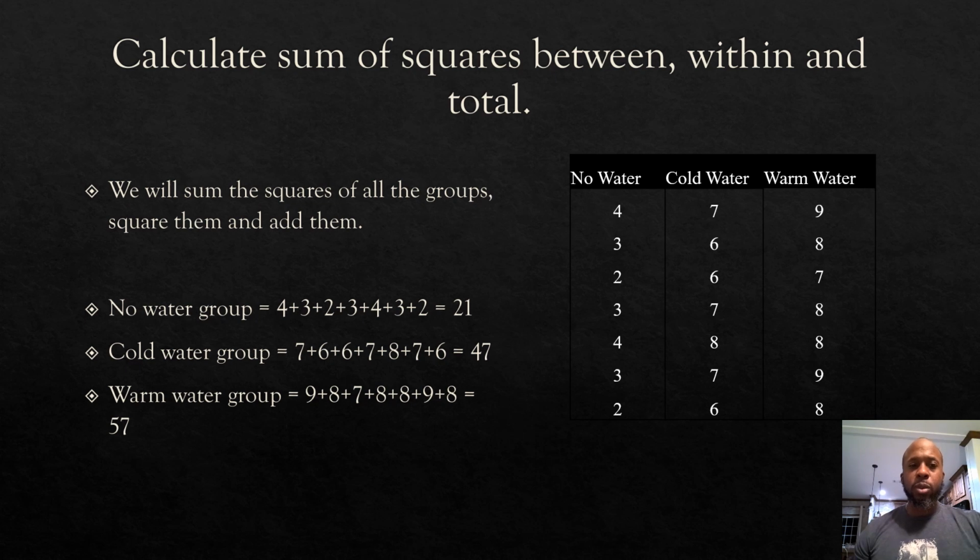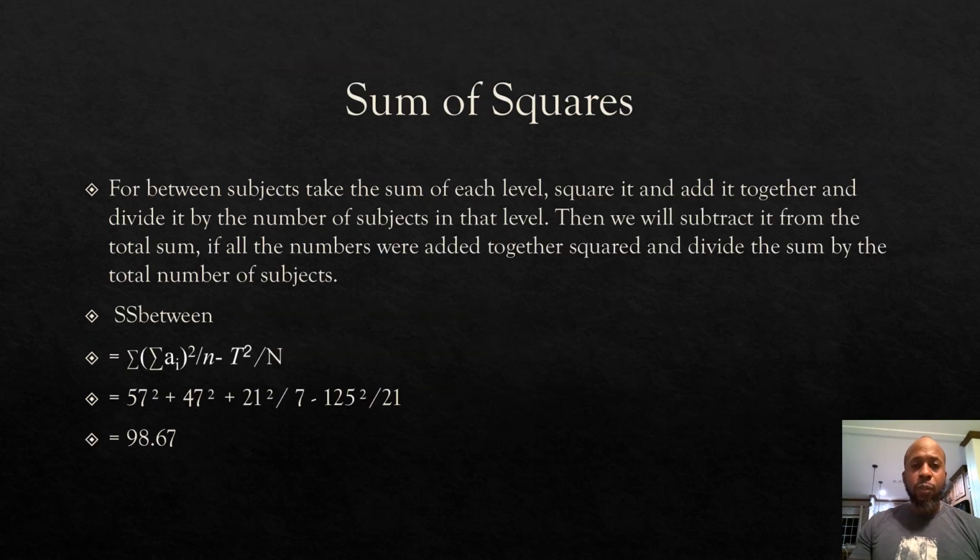So what we're going to do to calculate the sum of squares is we're going to sum the squares of all the groups, we're going to square them and add them together. So for the first calculation of the sum of squares, we're going to calculate the sum of squares for between subjects. And we're going to take the sum of each level, square it and add it together and divide it by the number of subjects in each level.